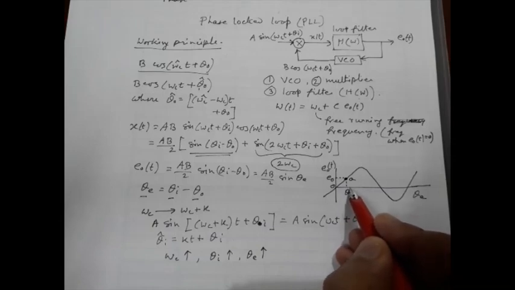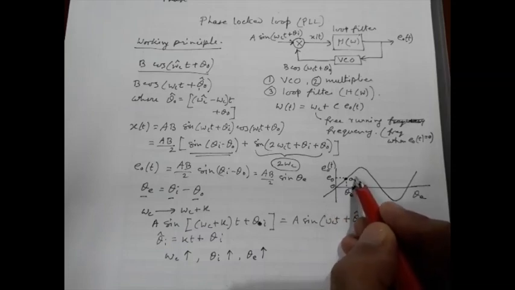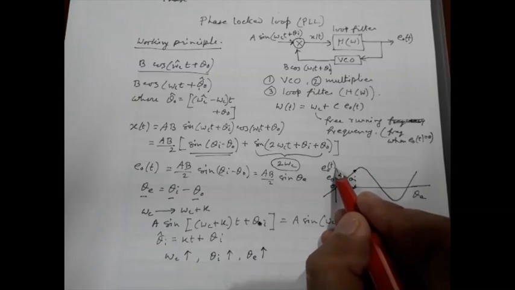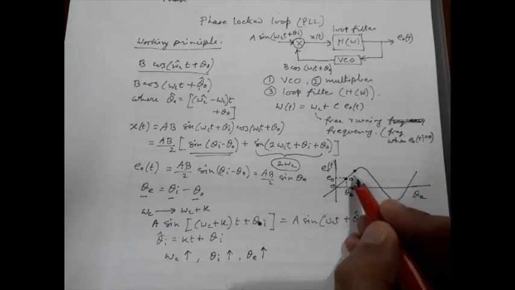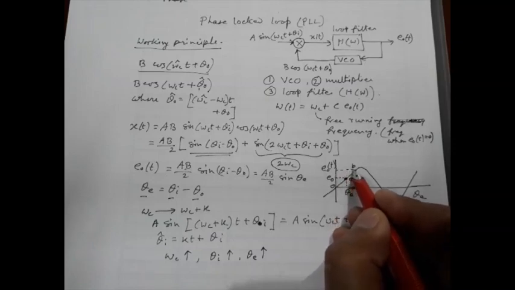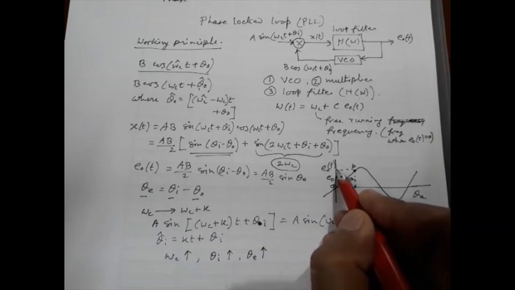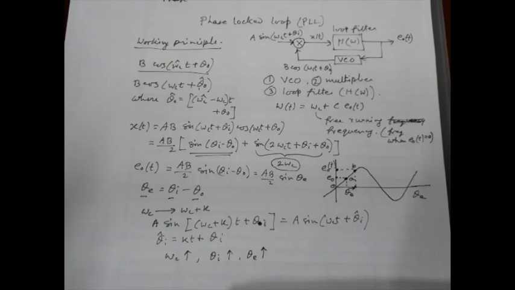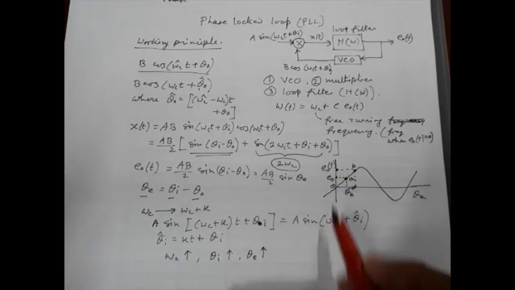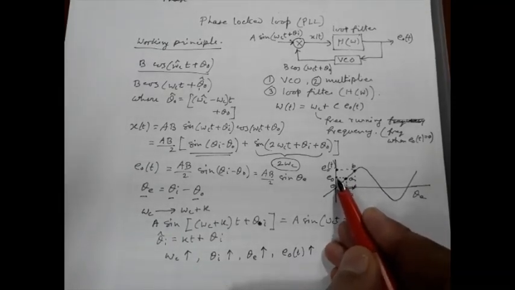If theta E increases, the corresponding error voltage will also, following the sine wave, appear here, say at point B. That means the error voltage will increase from E0 to some other, higher value.